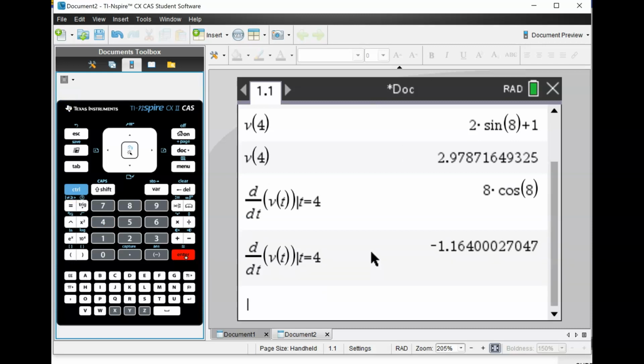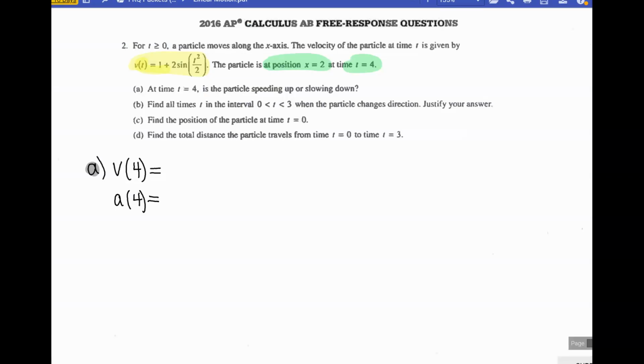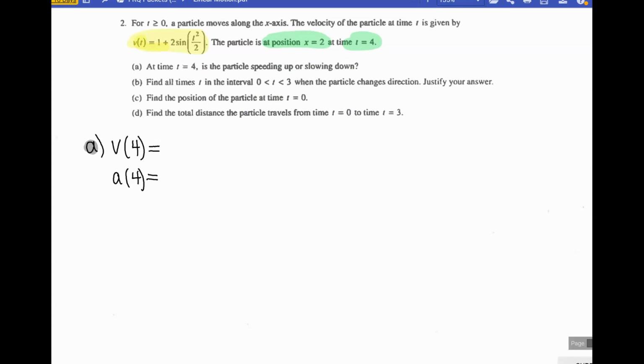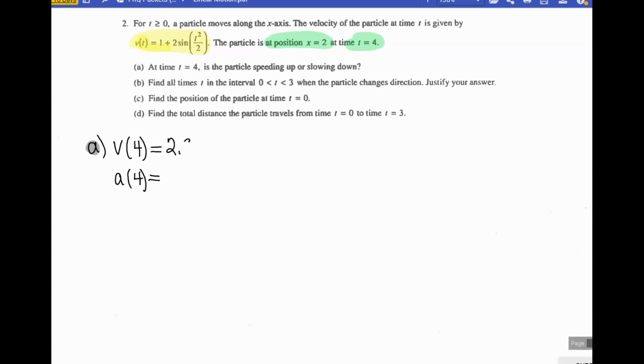So it's clear that we have a positive velocity but a negative acceleration, but we need to make sure we document that on our paper. So v of 4 was 2.9787, and the acceleration at 4 was negative 1.164. So this was greater than 0, and this was less than 0.